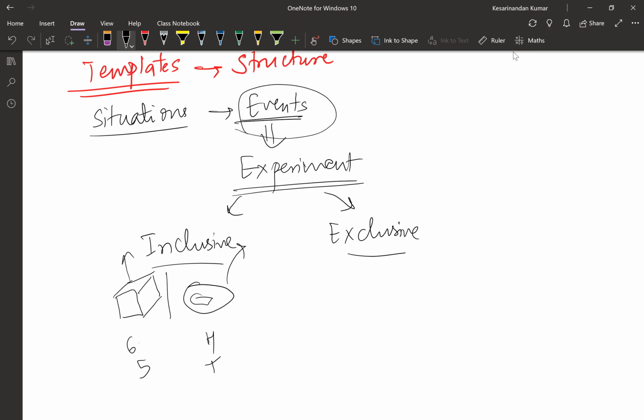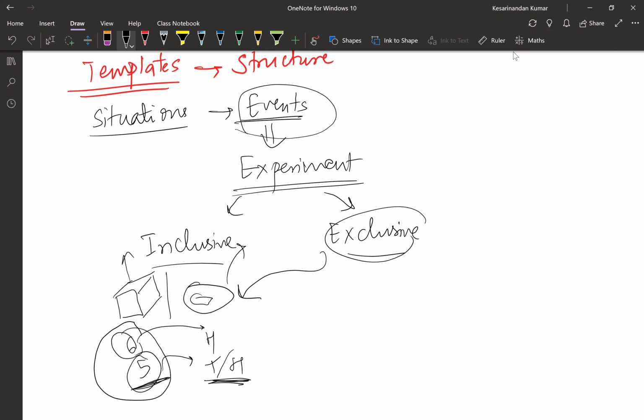After getting 6, I got a head. After getting a 5, I got a tail. But I could have also got a head, because what I get here is in no way related to what comes here. Hence, they are exclusive events. What happens here is in no way influencing my decision about what is going to happen here.